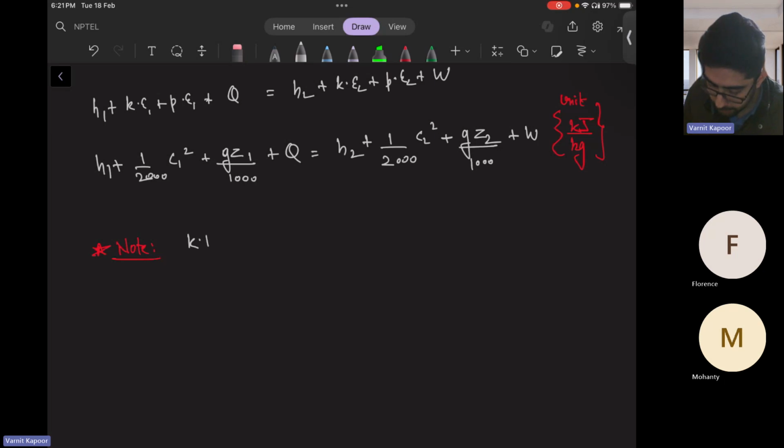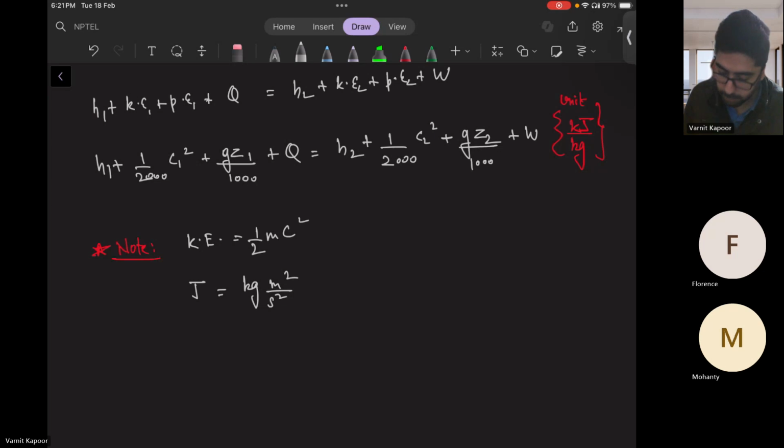Kinetic energy is half mv square or c square, whatever you want to write. So this is kinetic energy, not specific kinetic energy. Kinetic energy has a unit of joules, and this has mass in kg and speed in meter square per second square.